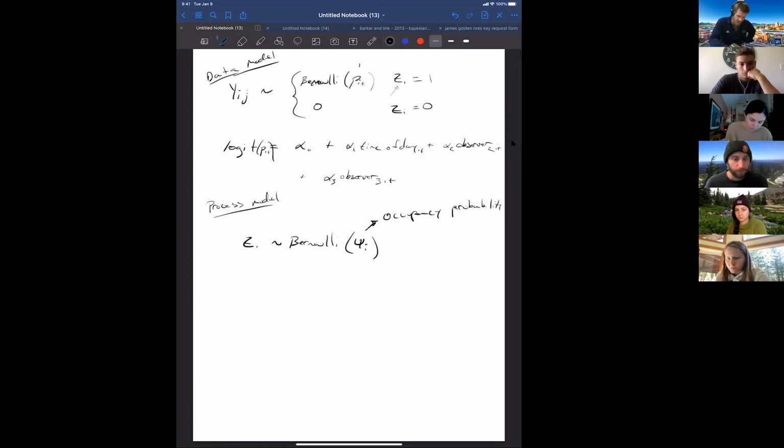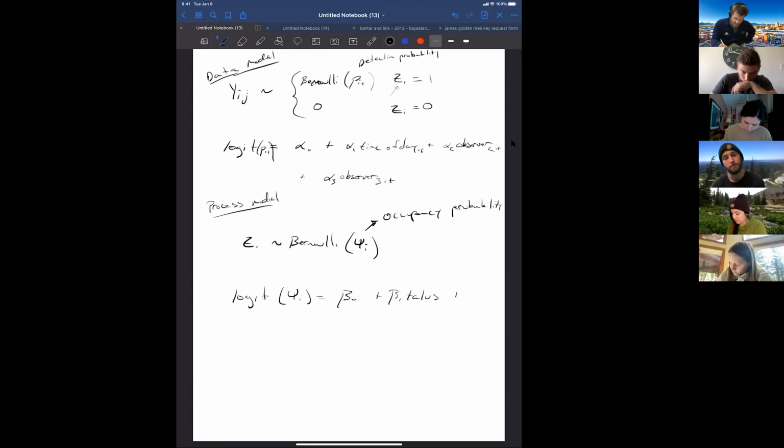And P is our detection probability. We can do the same thing we did with P as we did with psi. And say the logit of psi equals beta 0 plus beta 1 times talus plus beta 2 times meadow distance plus beta 3 times ravens.